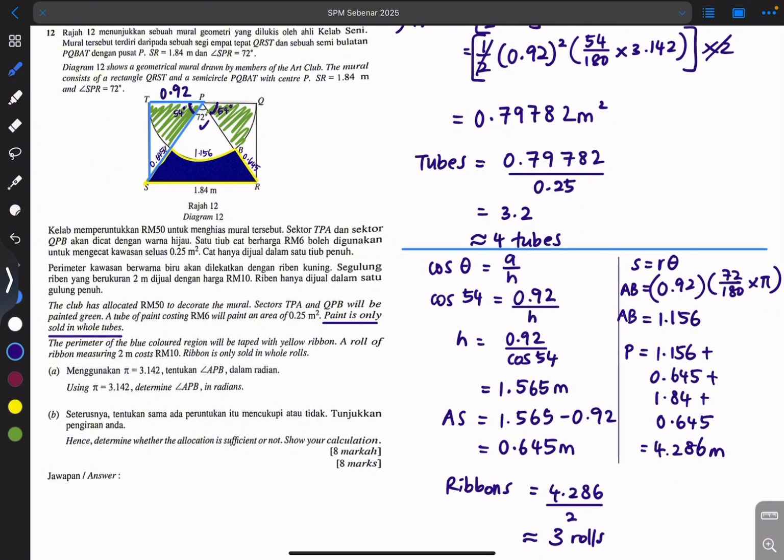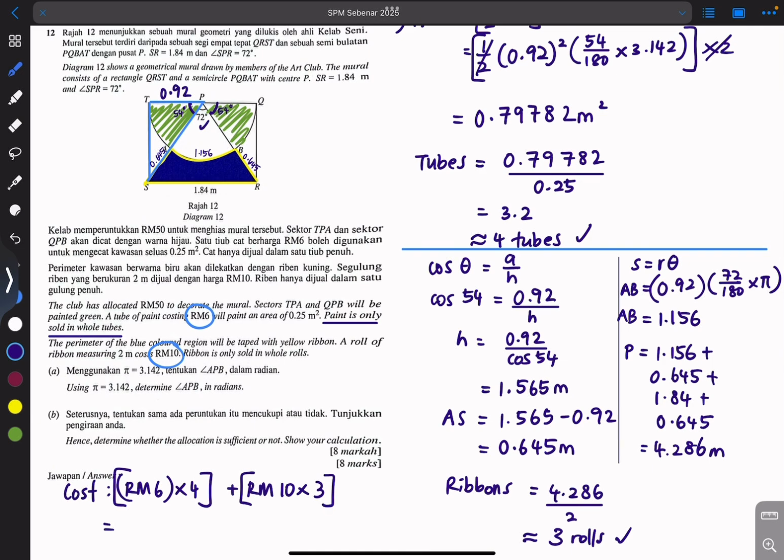Now we can find the cost. We need 4 tubes of paint and 3 rolls of ribbon. One tube of paint is 6 ringgit and 1 roll of ribbon is 10 ringgit. So we find the total cost: 6 ringgit multiplied by 4 tubes, and 10 ringgit multiplied by 3 rolls of ribbons.